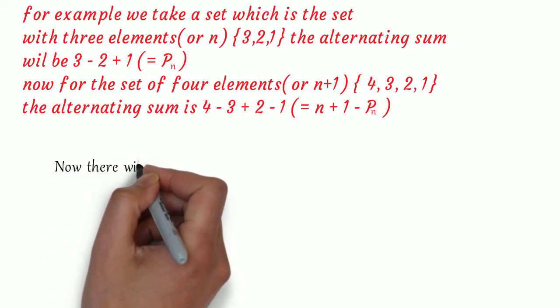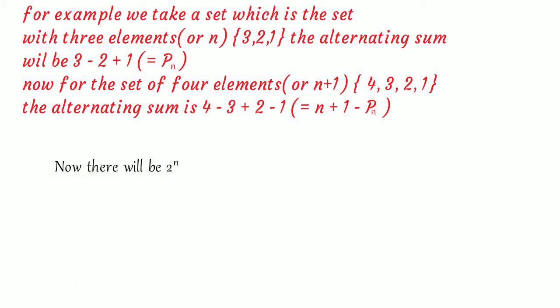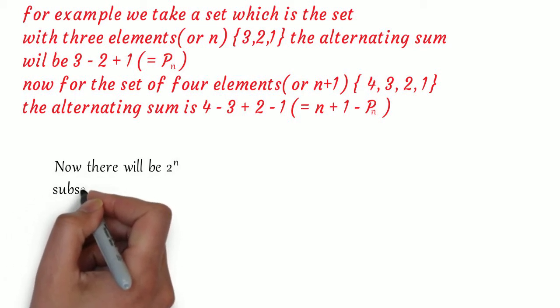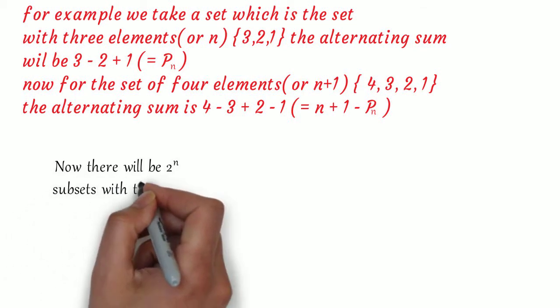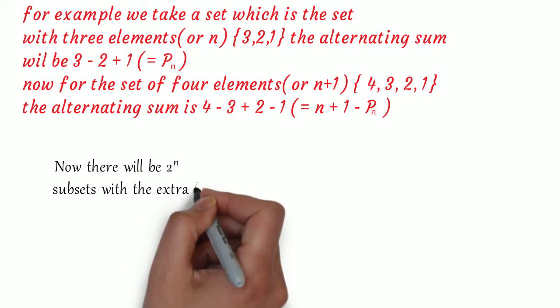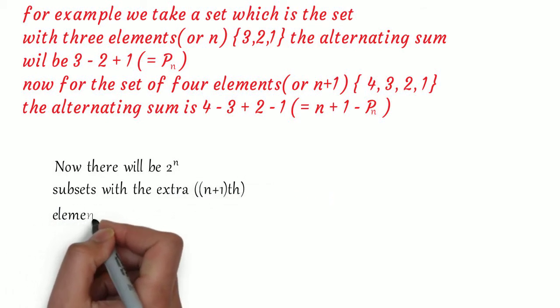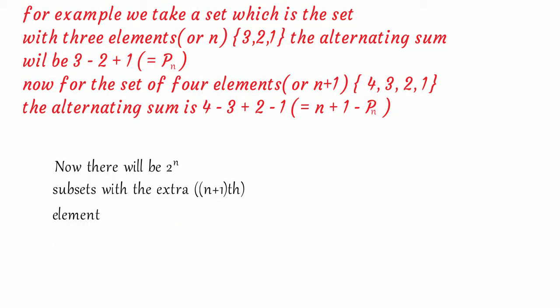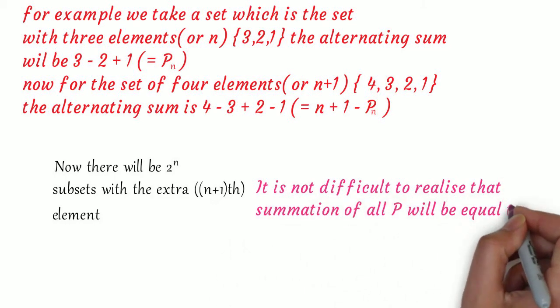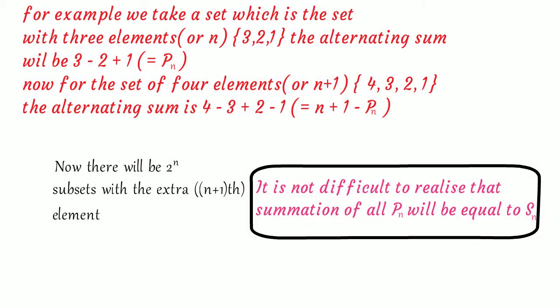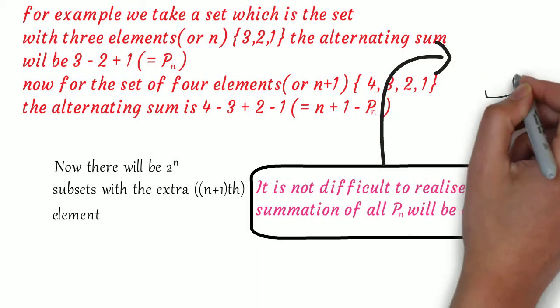Now, as we have 2 power n subsets containing the n plus 1th element, we will be adding the n plus 1th element 2 power n times, and in each case we get some Pi which we already computed during the computation of Sn. Now the summation of all these Pi's equals Sn.